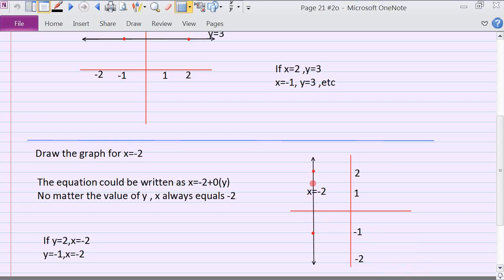Here's the graph x equals minus 2. If y is 2, then x is minus 2. Doesn't matter. If y is 1, x is minus 2. If y is minus 1, x is minus 2. Because this is the x-axis, and along this line here, x is always equal to minus 2.